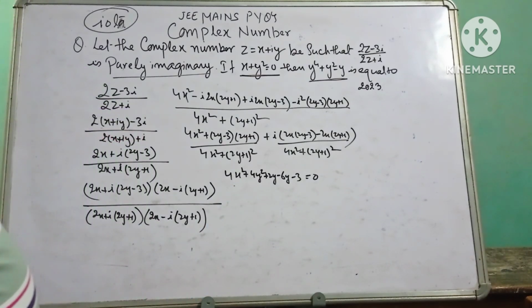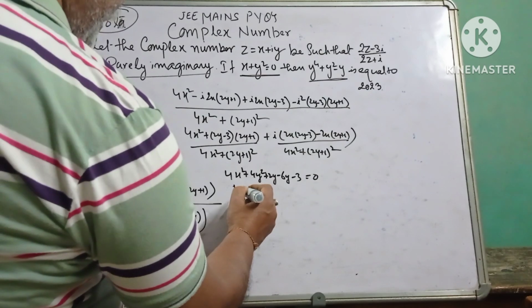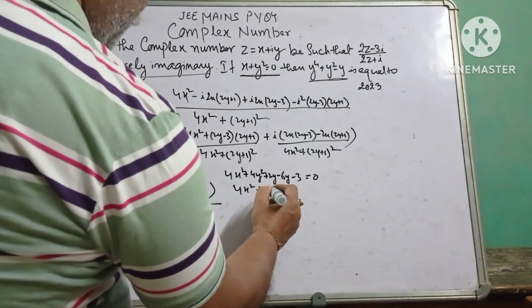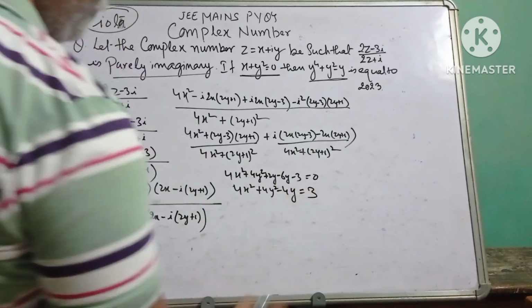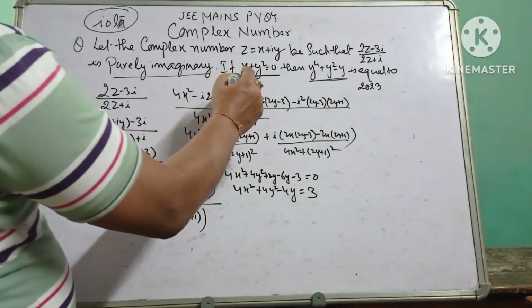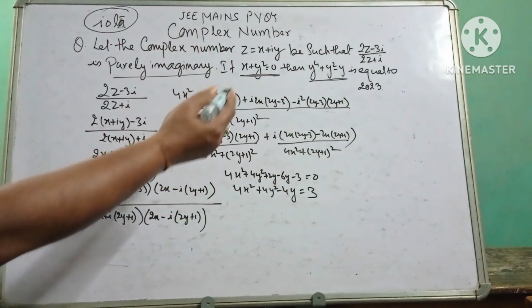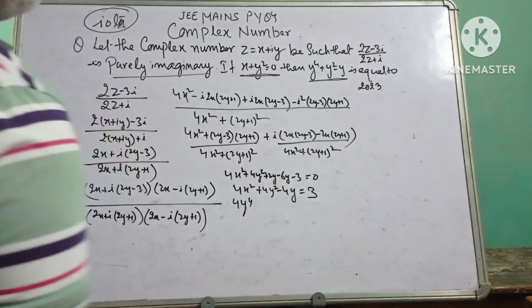So this is 4x square plus 4y square minus 4y equal to 3. Now from here we are going to get the value of x, that is minus y square. So x square is minus y square the whole square, this will be 4y to the power of 4.